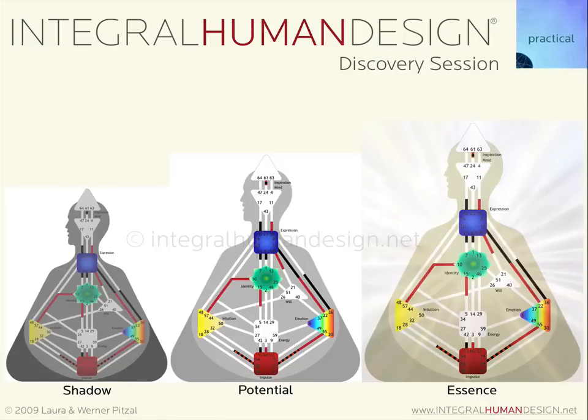And finally, the essence, or in other words, the siddhi, as it's called in the Gene Keys, which means the higher code, which is really what's hidden in your DNA, the core, most divine expression or archetype. So really, it's the archetype that's fixed, but not the expression of the archetype.